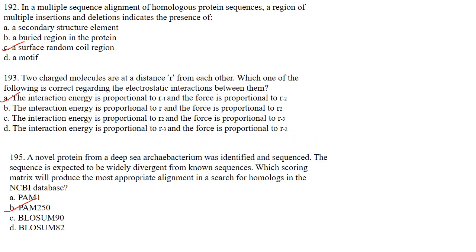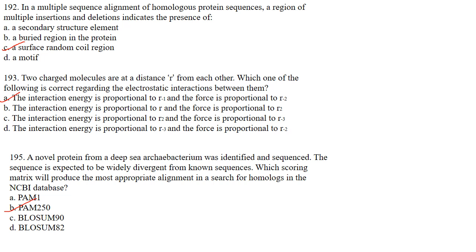Then, in multiple sequence alignment of homologous protein sequences, a region of multiple insertion and deletion indicates the presence of surface random coil region. Answer is option C. So, in multiple sequence alignment, we try to align 3 or more related sequences so as to achieve maximal matching between them.